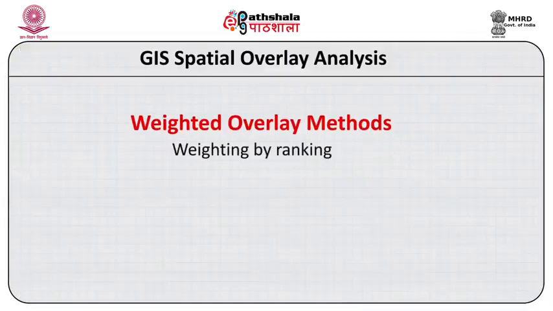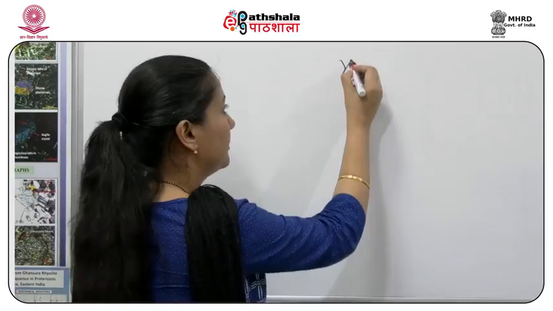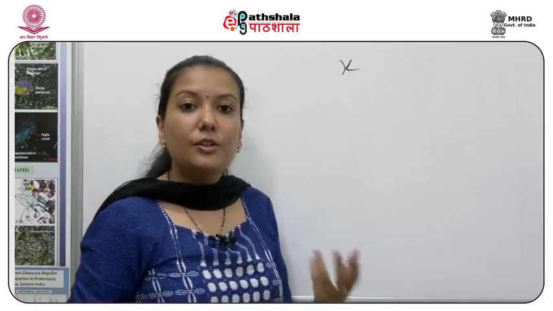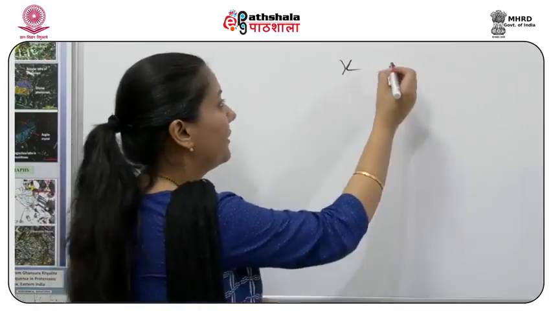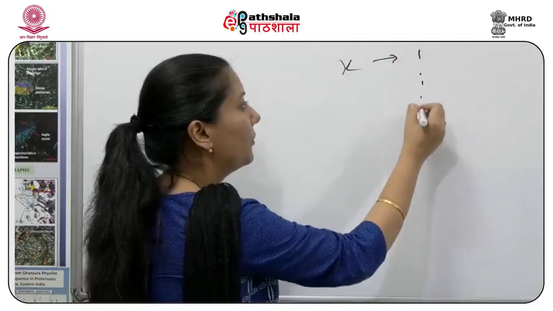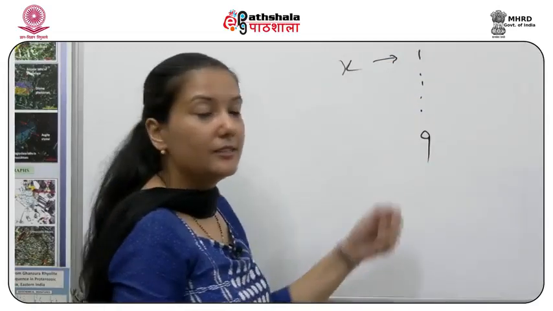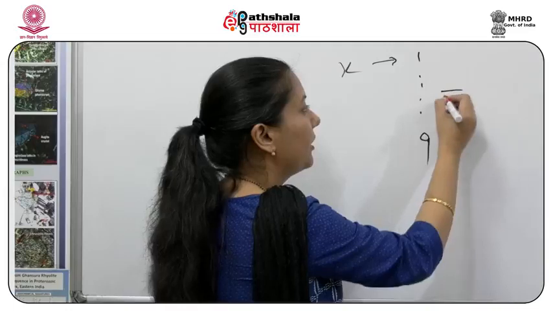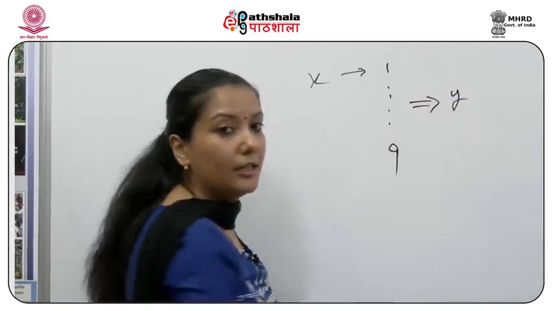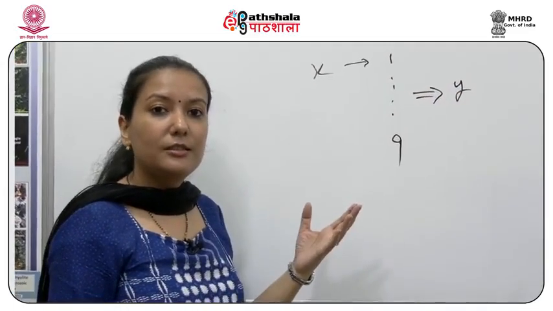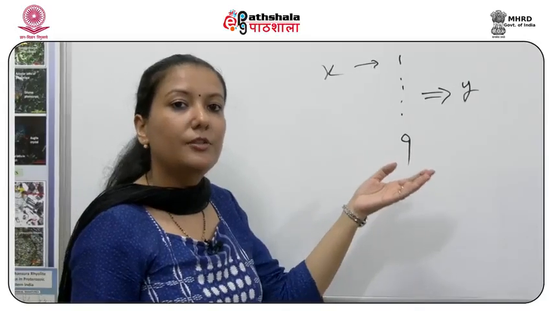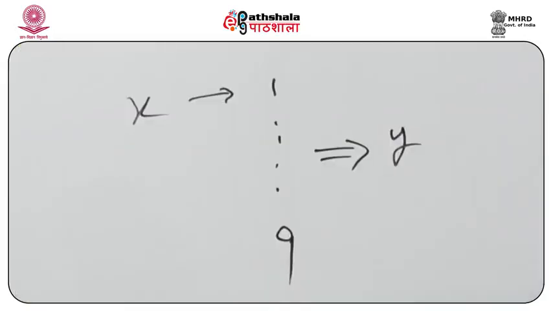Now weighted overlay methods can be based on a lot of things, like first is weighting by ranking. Now what do we imply by that? Suppose you have X layers and you provide ranking to them, suppose 1 to 9, and these amount to the total number of rankings being Y. So you have 3 methods here to discuss how you can rank it and how many ranks there would be.